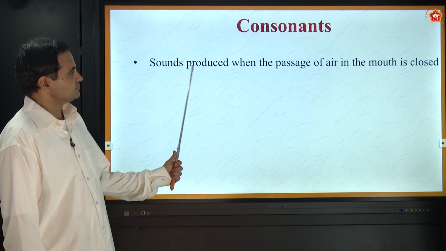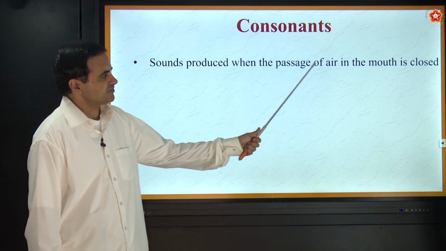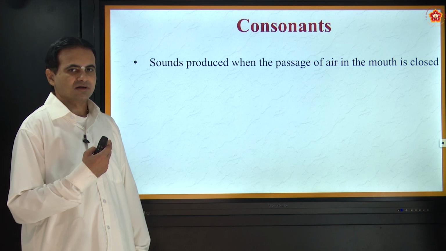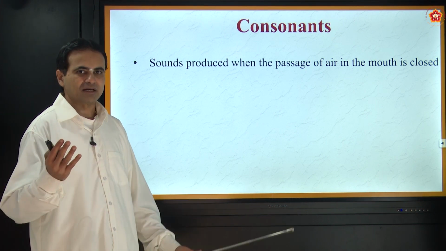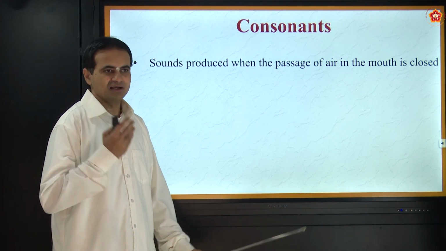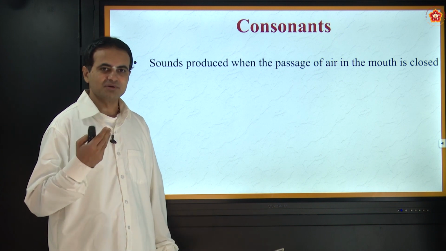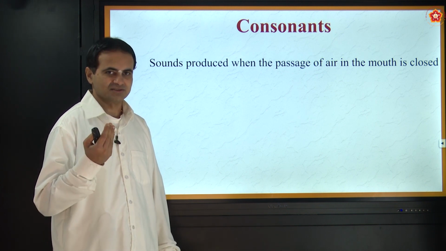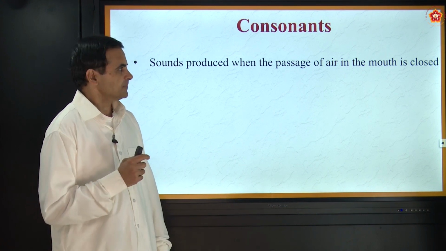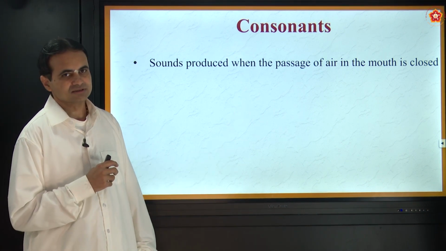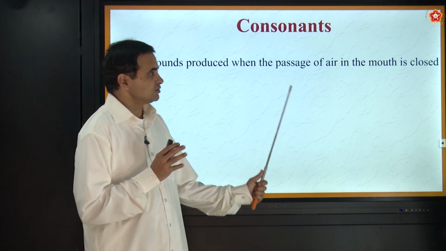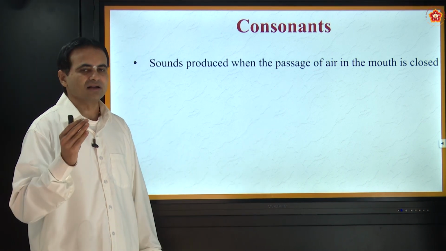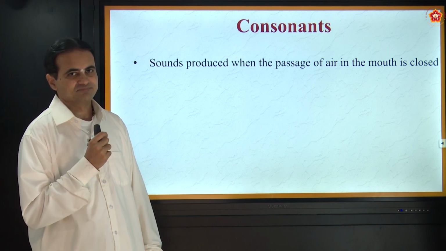Consonants are sounds produced when the passage of air in the mouth is closed. Vowels allowed the passage of air freely. Even mixed vowels, or diphthongs, allowed the passage of air, but partially. Consonant sounds don't allow the passage of air, either closing it completely or partially.